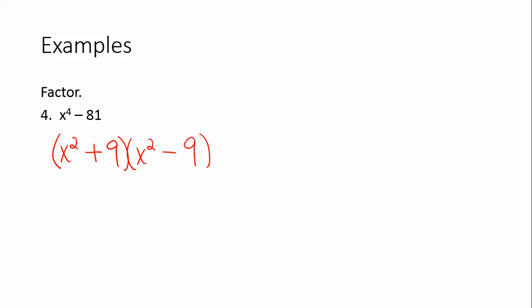Now what I want to point out with an example like this, if we're going to factor this completely, and we haven't seen one like this before, we can actually go one step further, because not only was the original problem a difference of squares, we are actually left with one of our factors that's also a difference of squares.